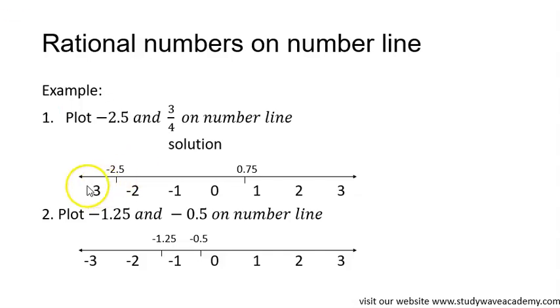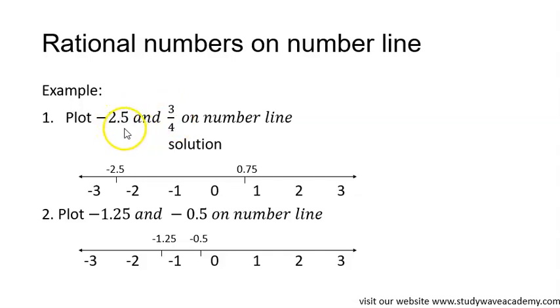Now these are integers. So fractions and decimals are located between them. Okay, so we have to plot minus 2.5 and 3 over 4 on a number line. First, we convert this to a decimal. It's easier to know where it's placed using a decimal.